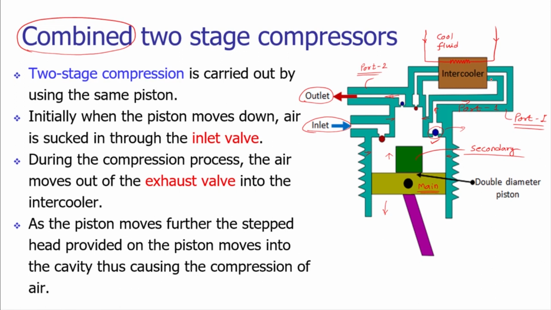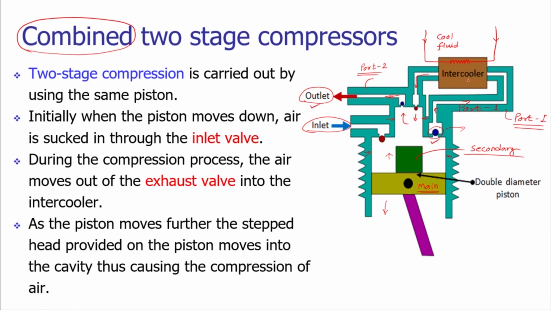During the passage through the intercooler, its temperature will get reduced, and that reduced temperature fluid will be sucked in during the return stroke, and in its forward stroke, that reduced temperature compressed air will be further pressurized and sent to port 2 of the outlet.